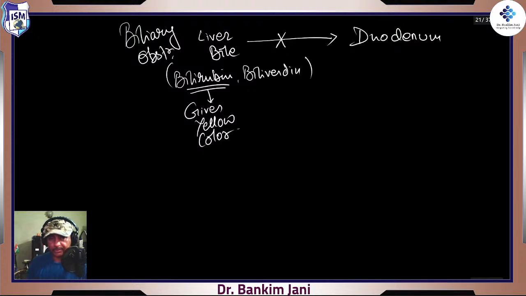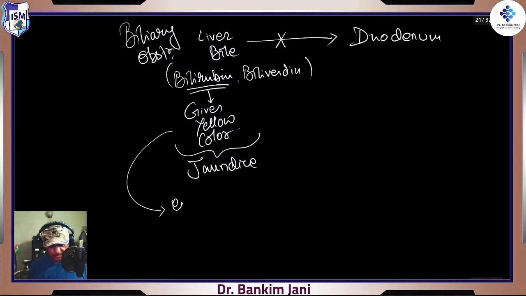Because there is obstruction. And that's what is called the yellowish hue, that is the jaundice. Jaundice, right? And this would be excreted in urine. That's why urine will be yellow colored.